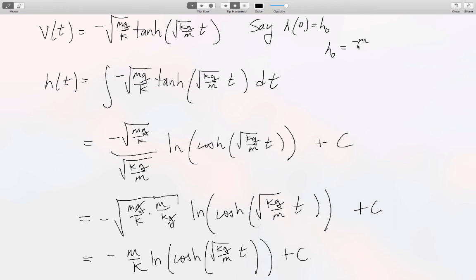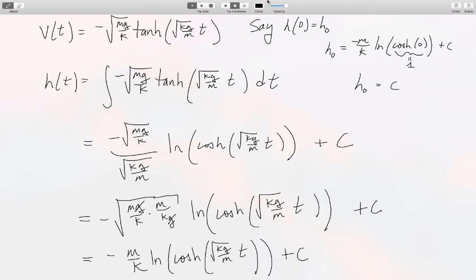Negative m over k ln cos hyperbolic, t is 0, so that's 0. But the cosine hyperbolic is 1. When you get 1, you have the ln of 1. So that's the ln of 1, and the ln of 1 is 0, so that means h of 0 is the constant.